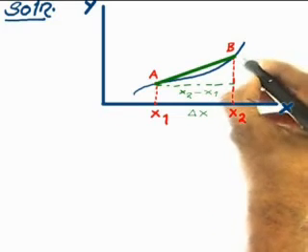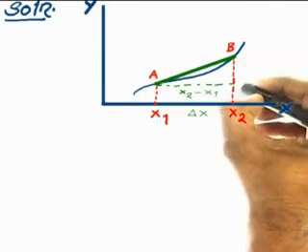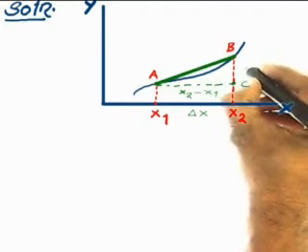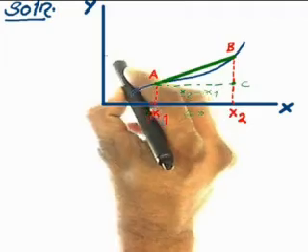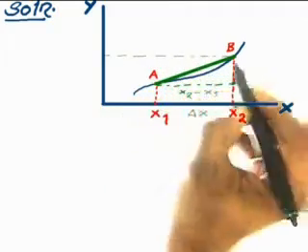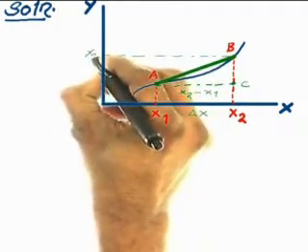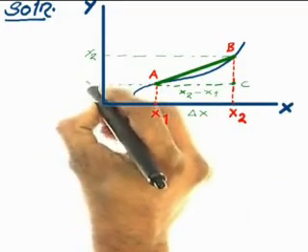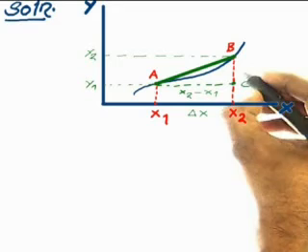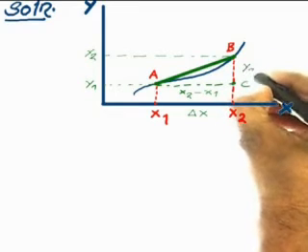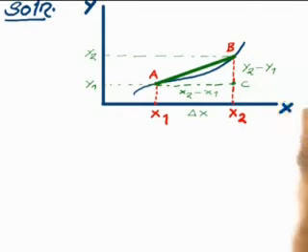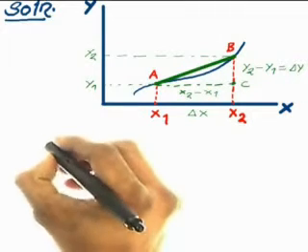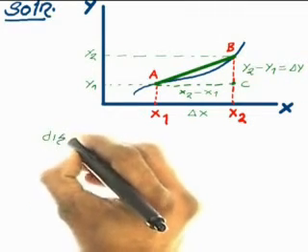And here, say this is the point C, so the BC distance will be represented by the y coordinate of the final position minus the y coordinate of the initial position, means y2 minus y1. It can be treated as delta y.